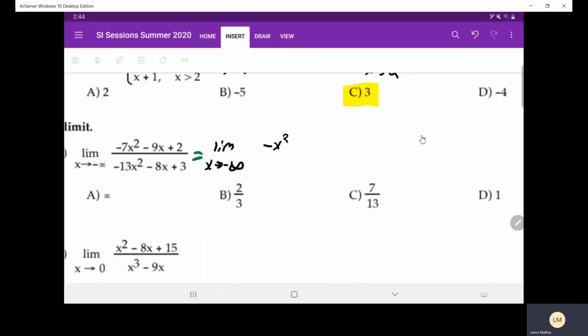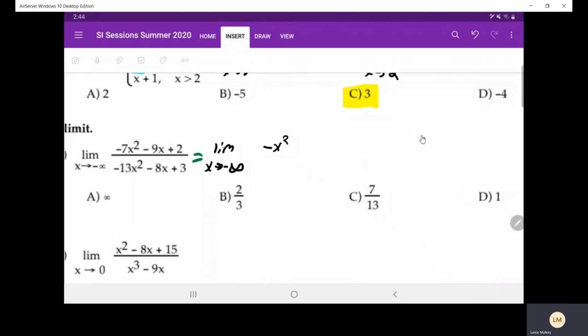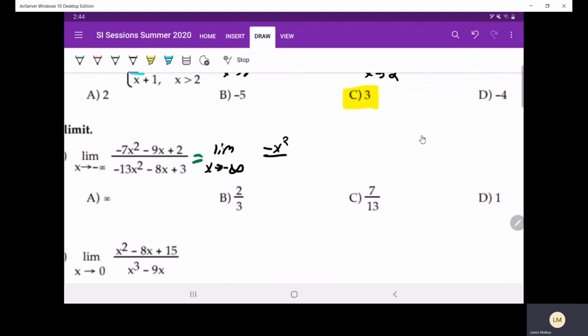Over negative 13 minus 8 over x plus 3. These drop.